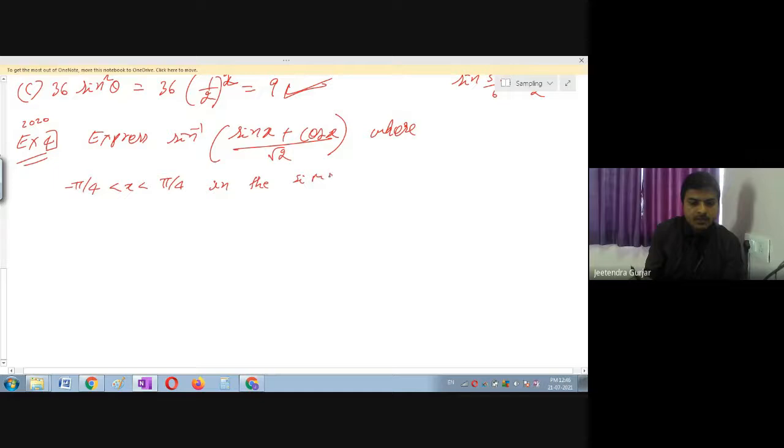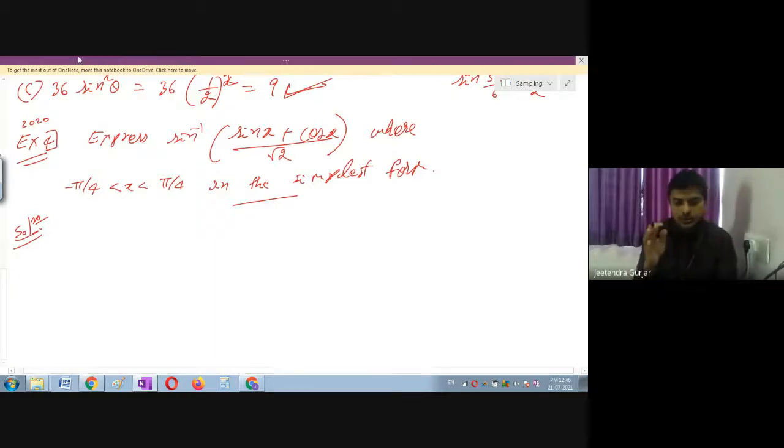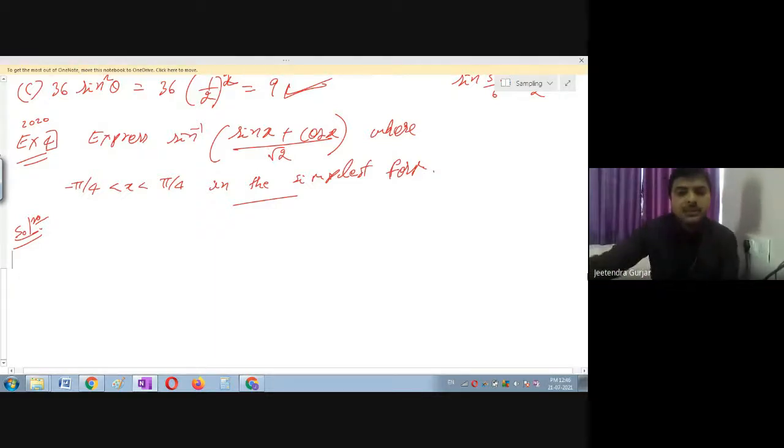Yes students, we are going to simplify this in the simplest form. Let us see how many will simplify this. So I will write the solution here. Sine inverse of (sin x plus cos x) divided by root 2 is given. So how can you simplify this, students?